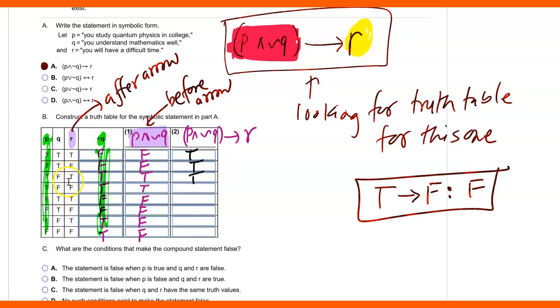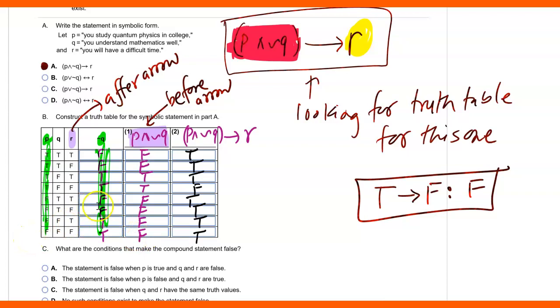True right arrow false, which is false. That's what it's here. And false right arrow true, which is true. False right arrow false, which is true. False right arrow true, which is true. And false right arrow false, which is true.